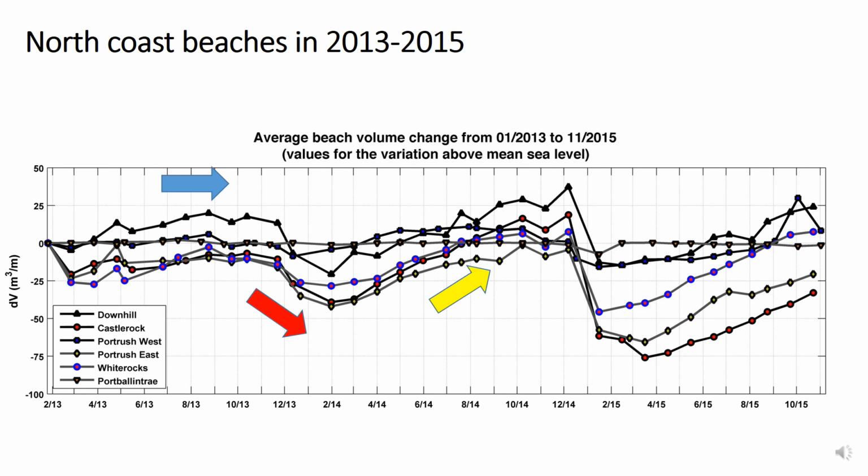Then that volume started to come back on again, and the beaches started to restore themselves to the 2013 levels again. Then we had significant storms in 2014, 2015, and some of you may remember on the North Coast a lot of dune erosion, the beaches were significantly lowered. After that, the beaches began to recover again. So they go through natural erosion and recovery periods.